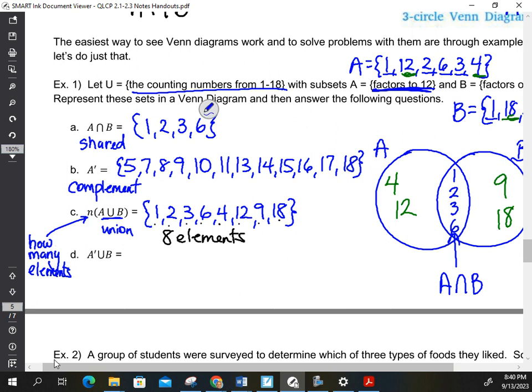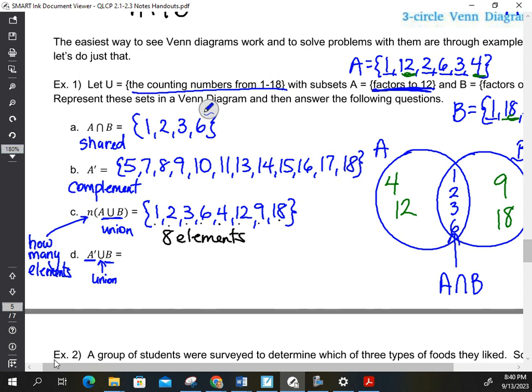So lastly, letter D. So you've got A complement union B set. Remember, we already know what union means. Union means take the two sets and put them together. So A prime we technically have already done.